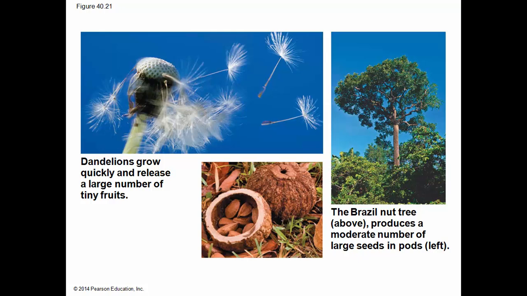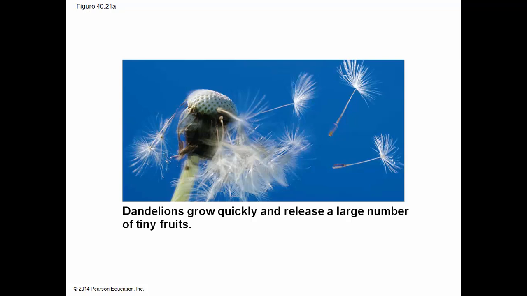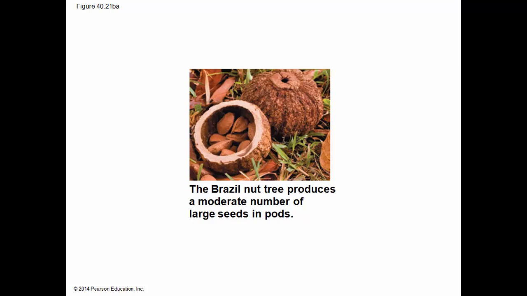That would be more like a K-selected species. Depending on the different life histories of these organisms, it's going to dictate how fast they're able to reproduce. Dandelions release a large number of tiny fruits. A Brazil nut tree produces a number of large seeds and pods.